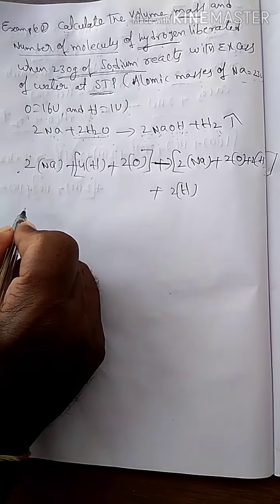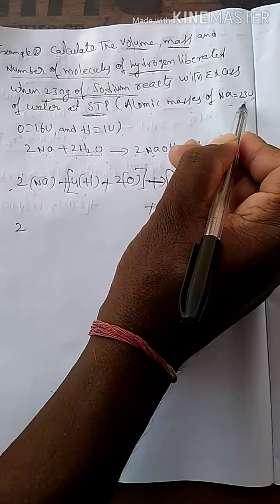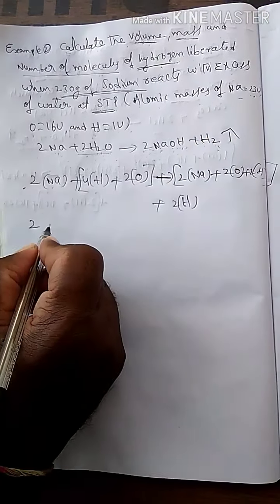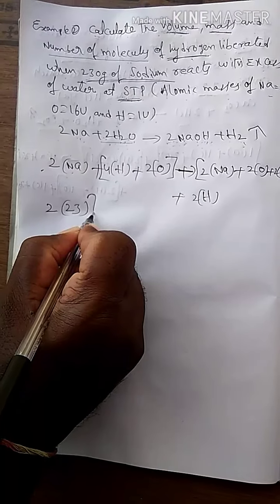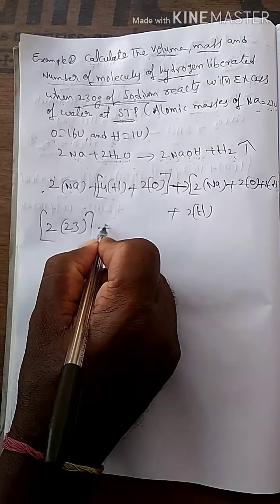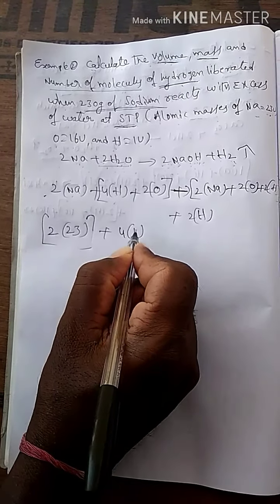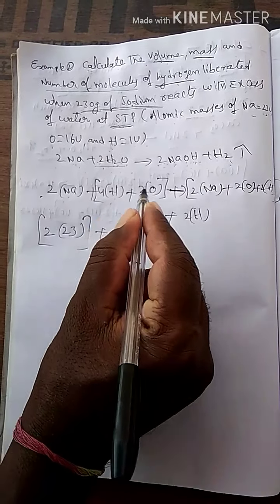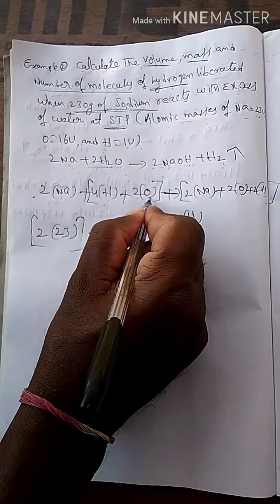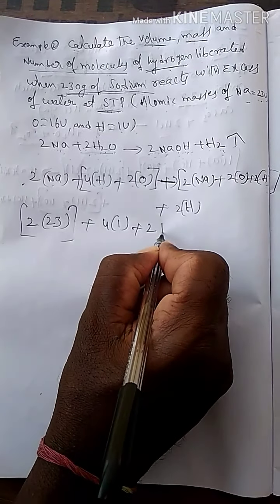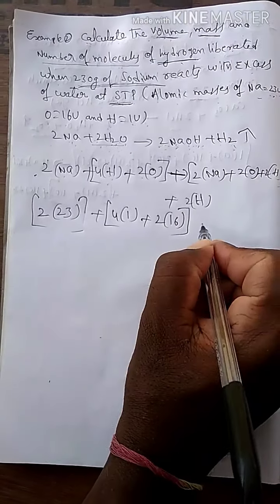Here sodium atomic mass given in the question is 23 units. Plus 4 into H, and H is 1, because hydrogen atomic mass is 1 in the question. Plus 2 into oxygen mass, which is 16.